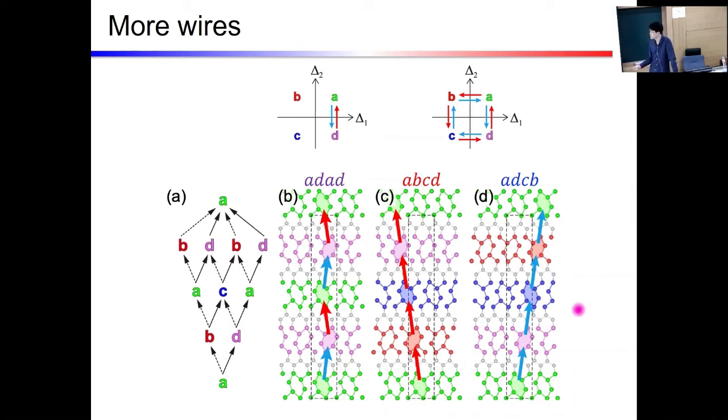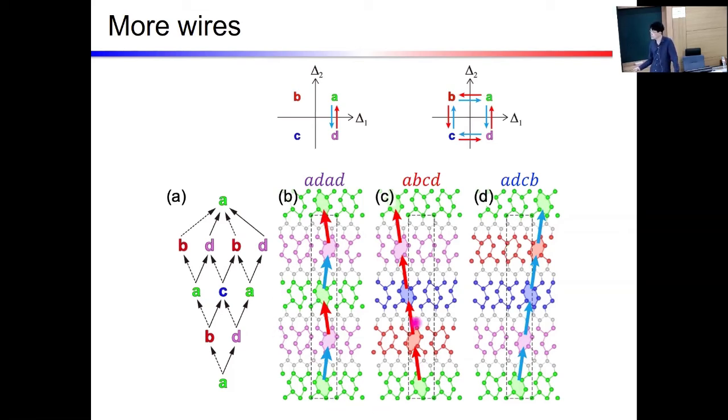When you look at a hexagon, it moves slightly in the right direction in the next neighboring wire, then comes back left, right, left. When you consider the entire unit cell, there is no effective moving, so they don't have chirality here.